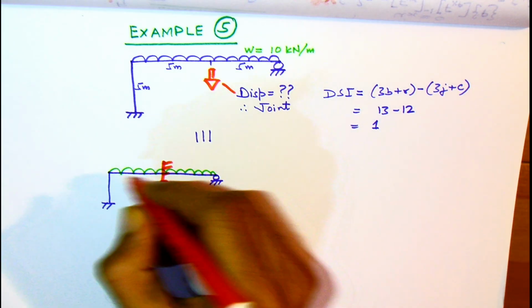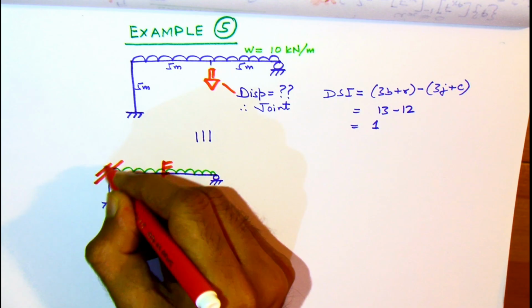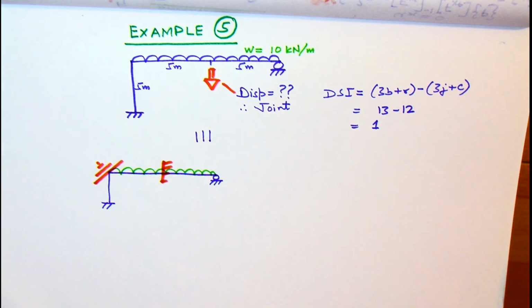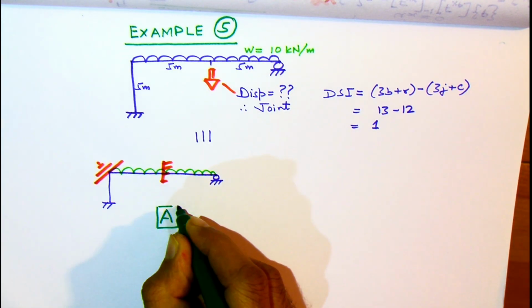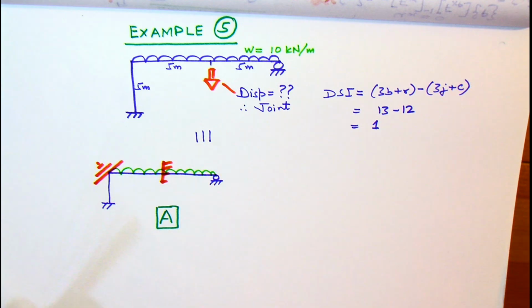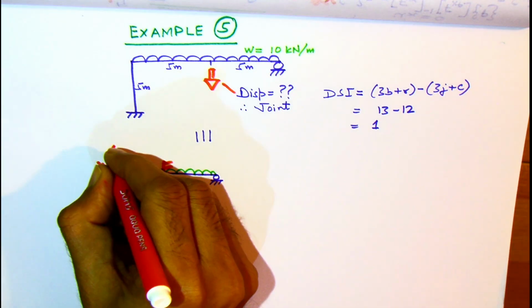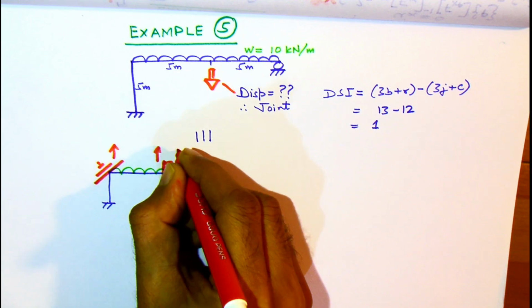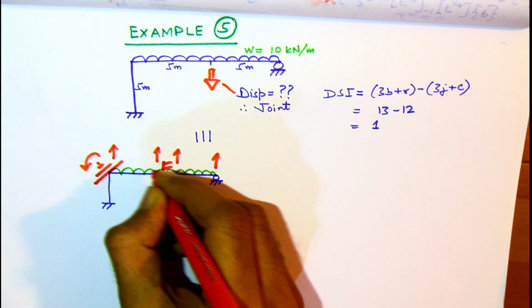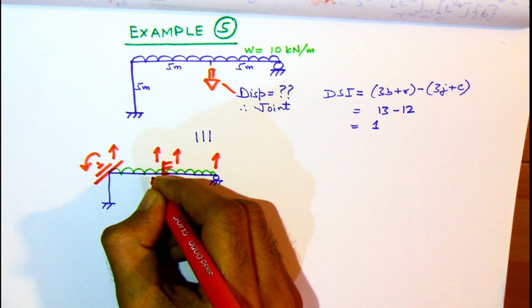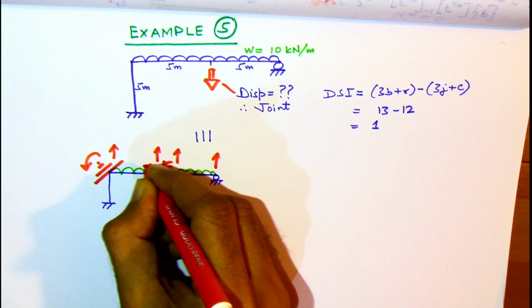The first part, we have to convert the UDL into equivalent joint forces. So this is our structure A, where we lock the joints so that we get the fixed end forces, just as we had done in the case of the stiffness approach also. Now remember that for the top beam we have not locked the right end.